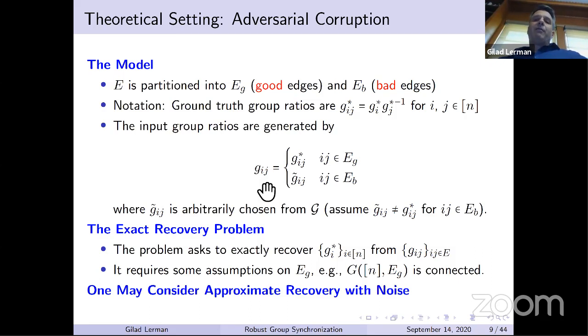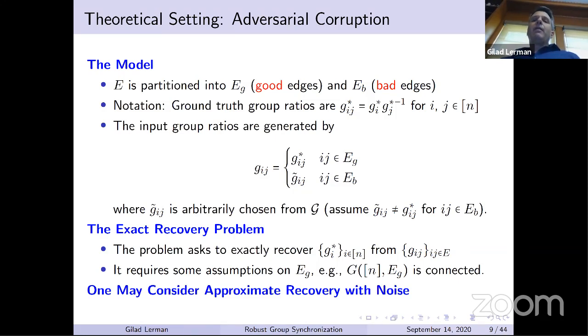In order to have a solution, actually, you need to have some assumptions on the topology of the graph. A necessary assumption is that the graph with the original nodes and the good edges is connected. Sometimes when you want to prove theorems, you need to assume more. Okay, so we call it adversarial model because we can adversarially assign the group ratios for the bad edges.